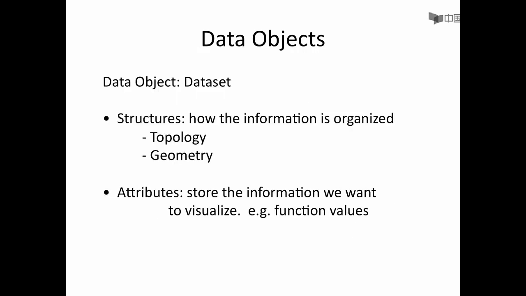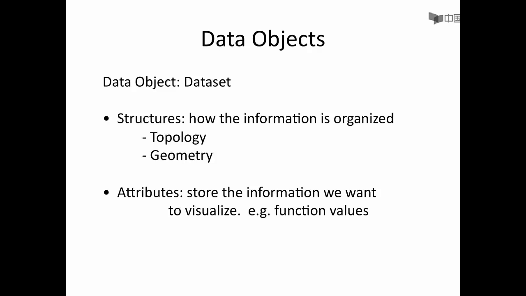Now let's look at Vtk data objects. The Vtk data objects are actually the data set. Previously, we have talked about the Vtk file format, that is how Vtk describes scientific data sets. So here, I just give you a refresher. Data objects of Vtk can be divided into structures and attributes.